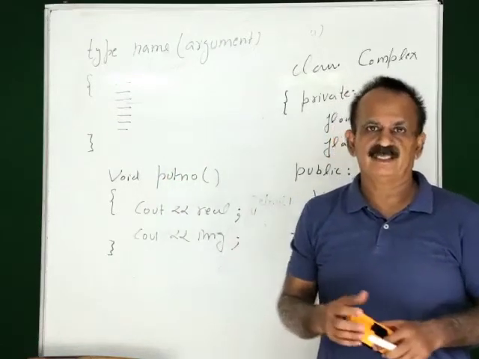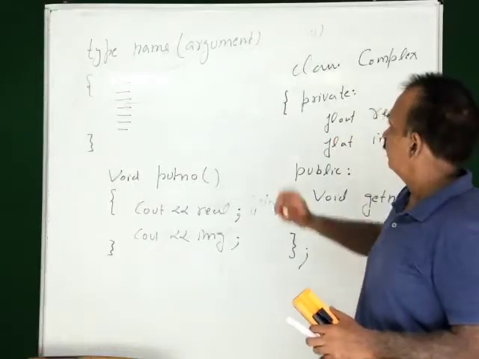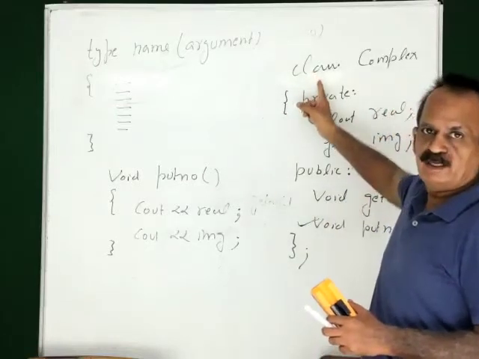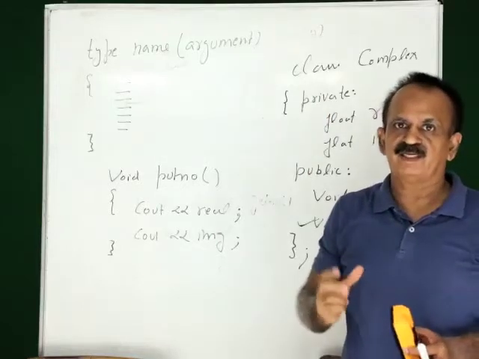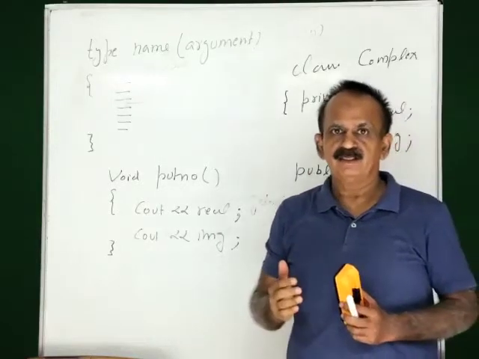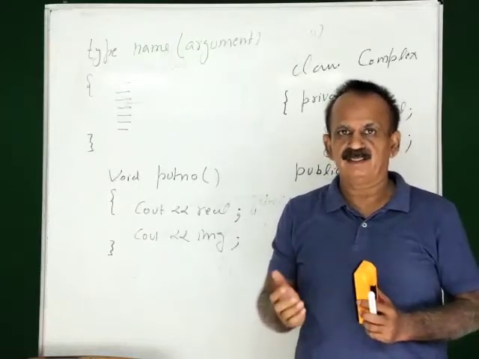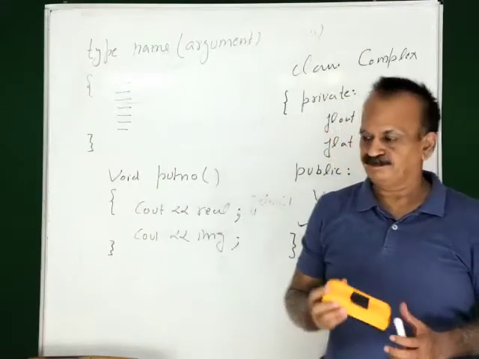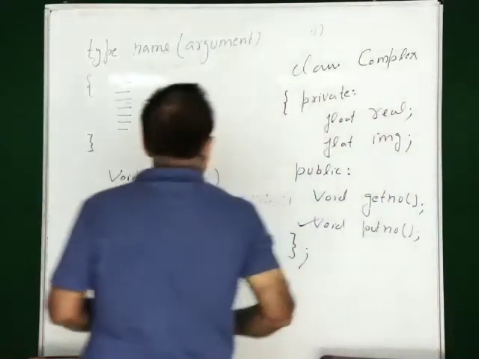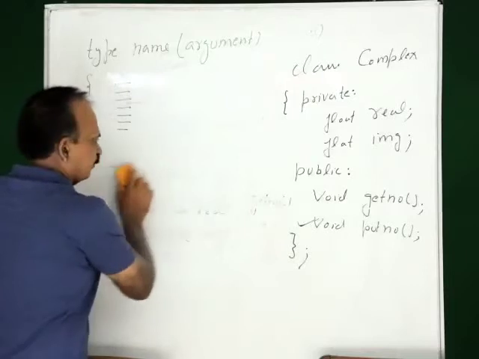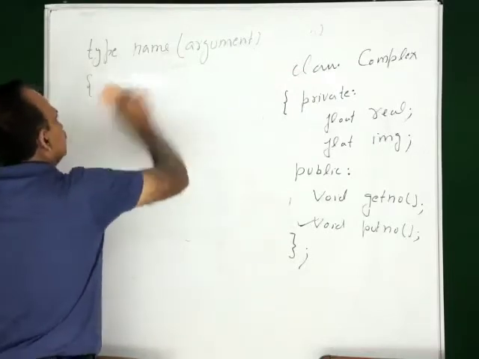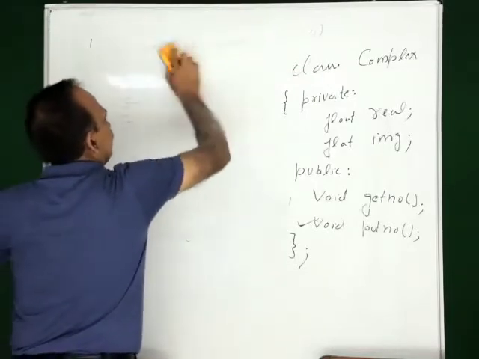So by this time we are familiar with how the class is declared and how the member functions of the class are defined, one within the class and another outside the class. Now after declaring the class and defining the member functions, the next important concept is declaring the object.